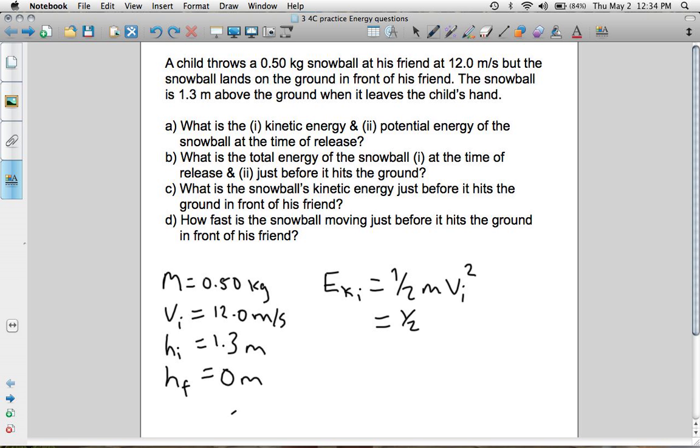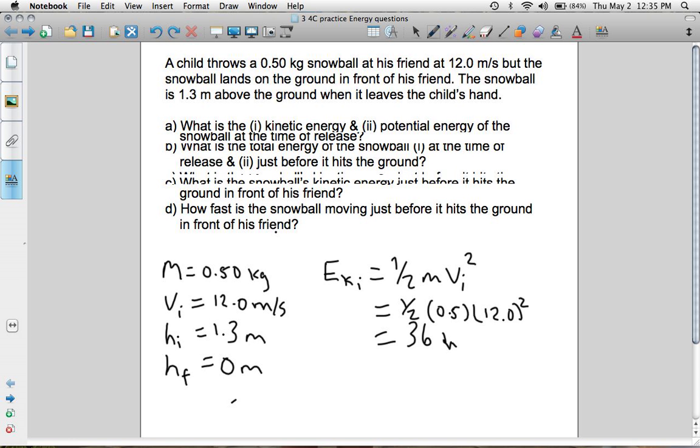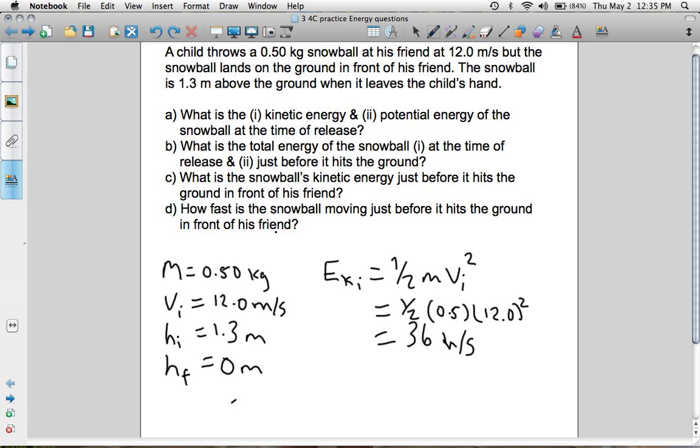We have all the information we need next to me here, so I'm going to sub it in. 0.5, so half times a half is a quarter, times 12 squared equals 0.5 times 0.5 times 12 squared. I get 36 joules.